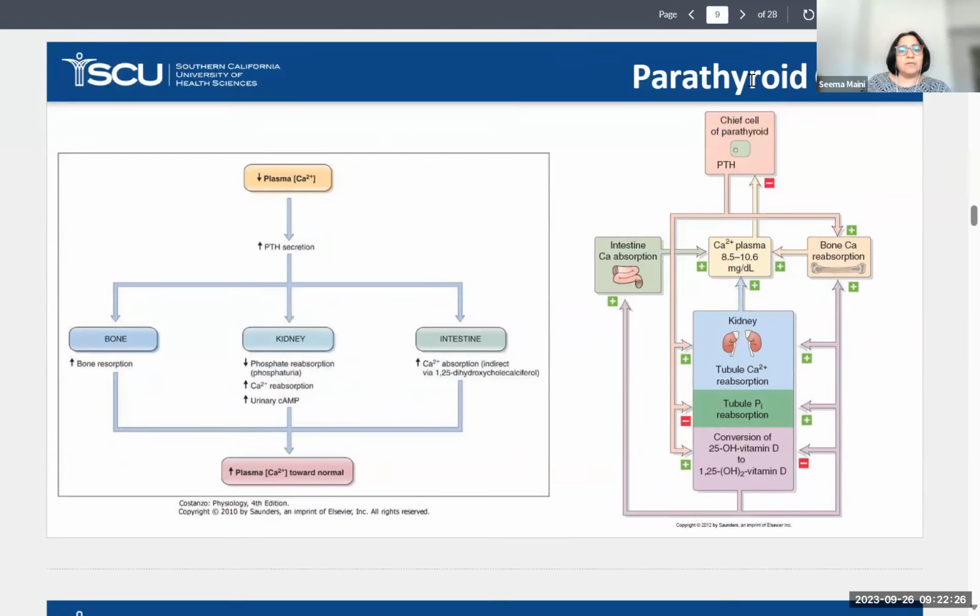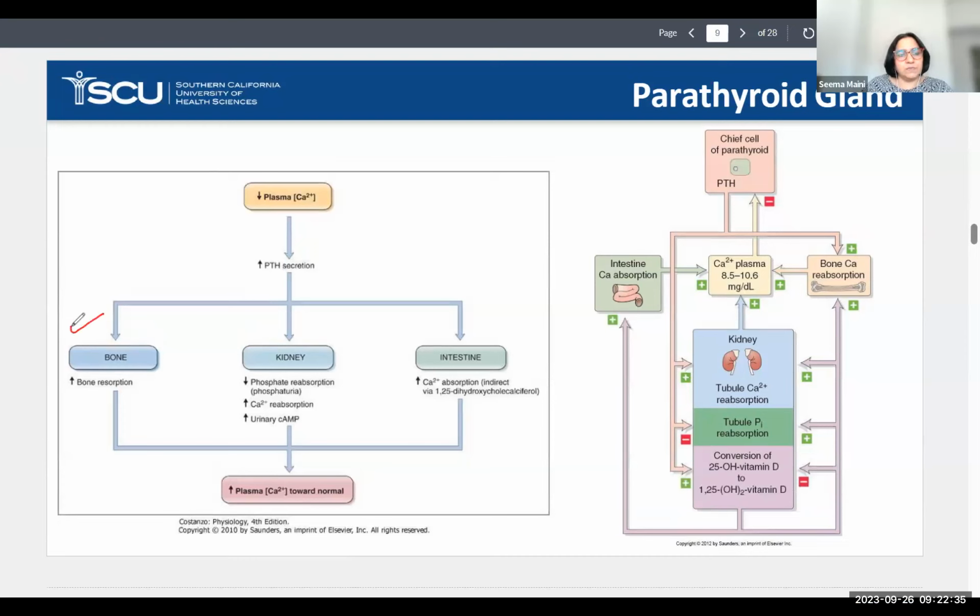Low calcium ion levels stimulate the chief cells to secrete parathyroid hormone. Parathyroid hormone acts on bones to cause increased resorption, increasing osteoclastic activity to leach out calcium ions from the bone.